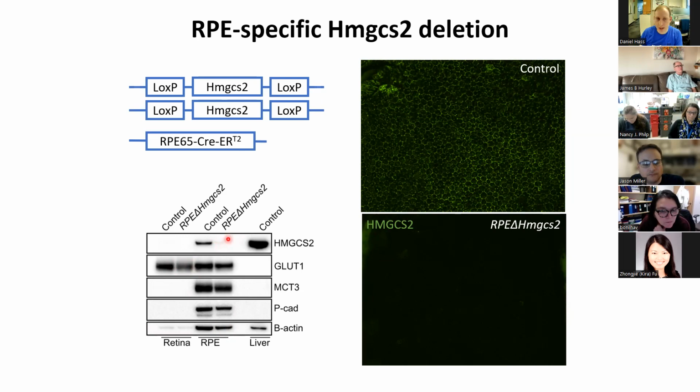And I've validated this in other samples as well, that there is still some HMG-CSF2 in the RPE, but that's not really your question. No, I was thinking about other markers, other transporters, and it looks like maybe they are a little bit downregulated. So I think relative to actin they're probably pretty similar, but it's kind of tough to say.